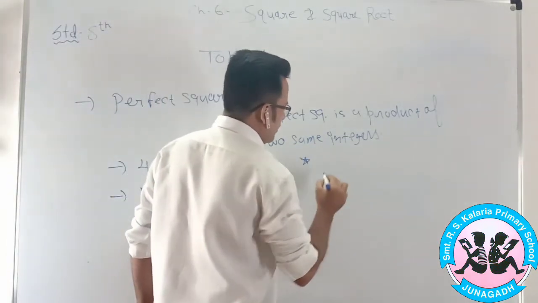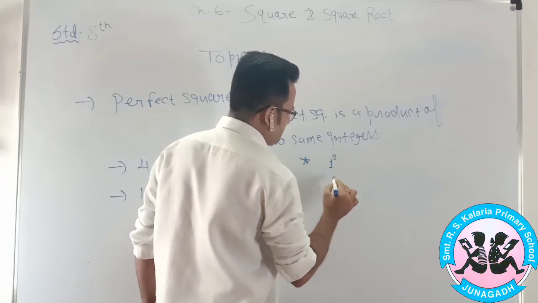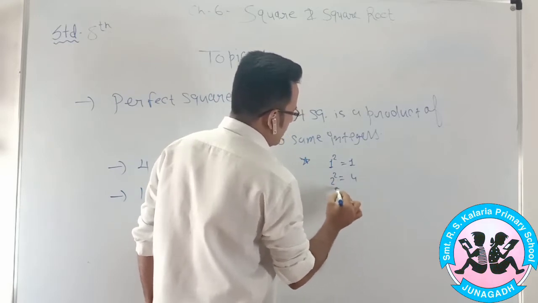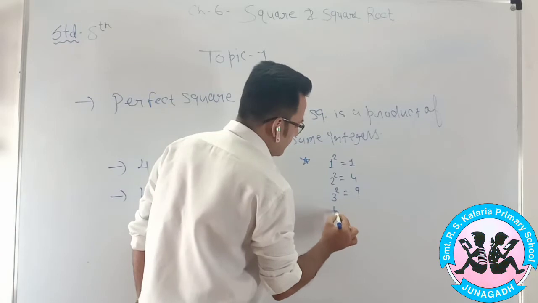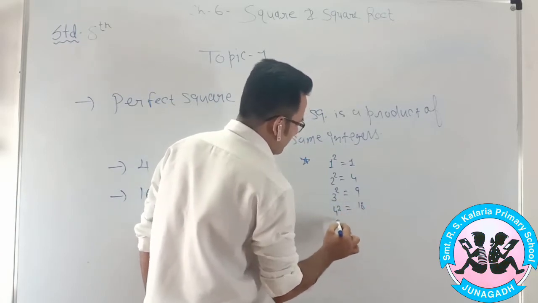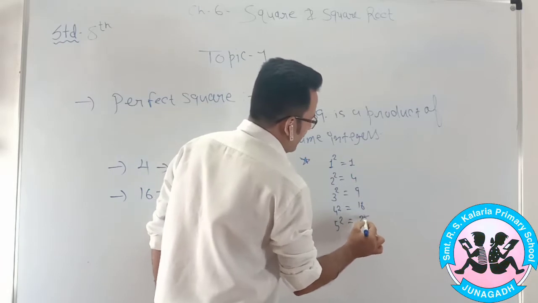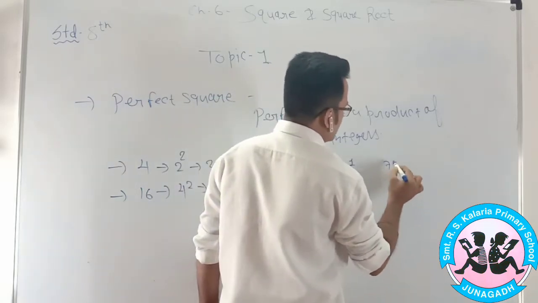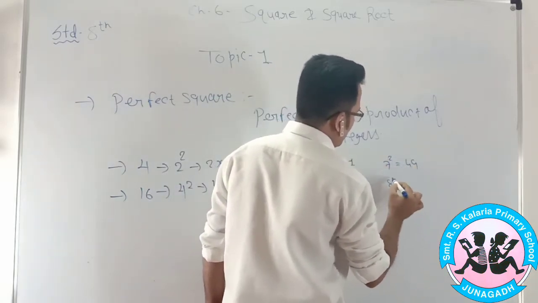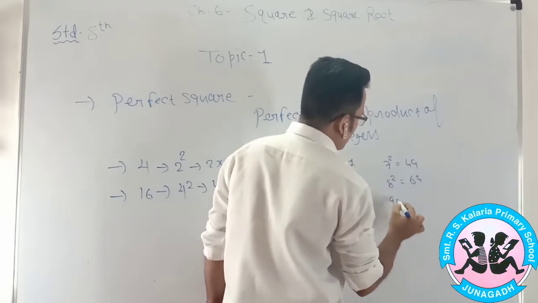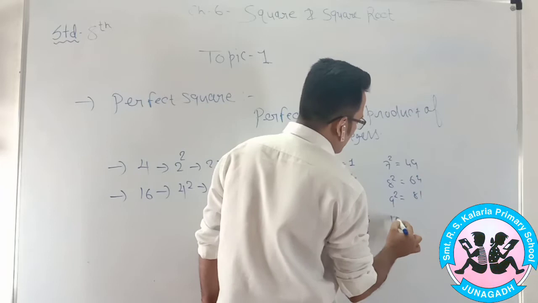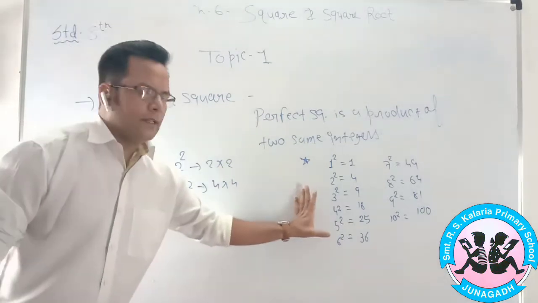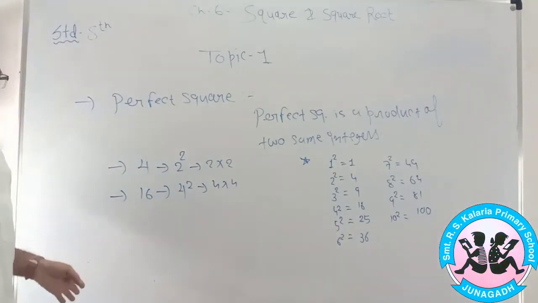So here we are writing: 1 square is 1, 2 square is 4, 3 square is 9, 4 square is 16, 5 square is 25, 6 square is 36, 7 square is 49, 8 square is 64, 9 square is 81, and 10 square is 100. This should be in your mind while dealing with perfect squares.